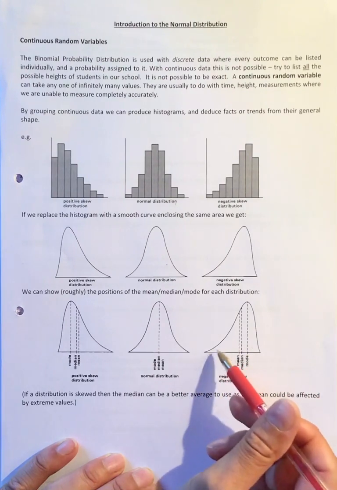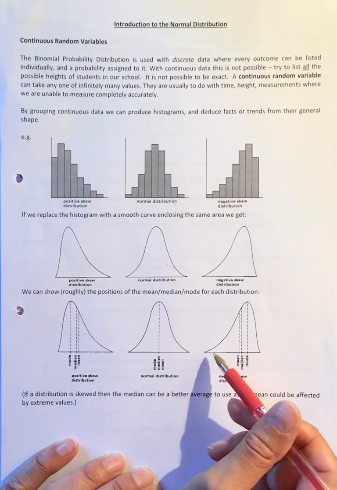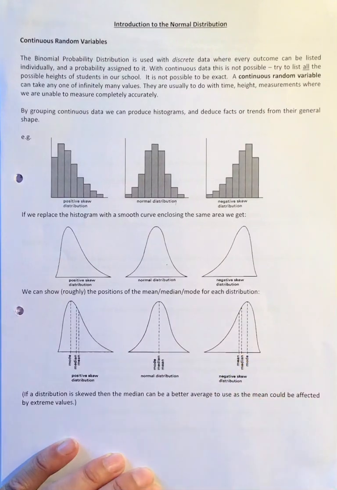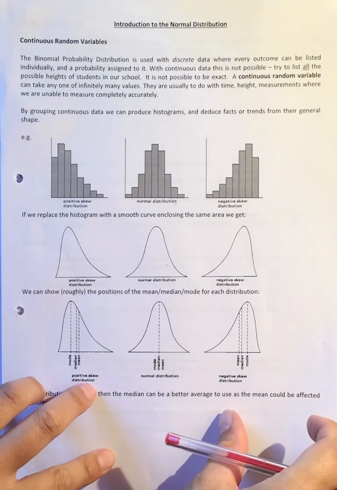And your mean will be affected by the extreme values towards the end of the tail, so your mean will be even smaller than the median. So there's a little point to make at the bottom of the sheet here, which we know. If we've got extreme values, then the median is a better average to use than the mean. We've been talking about that for a long time.